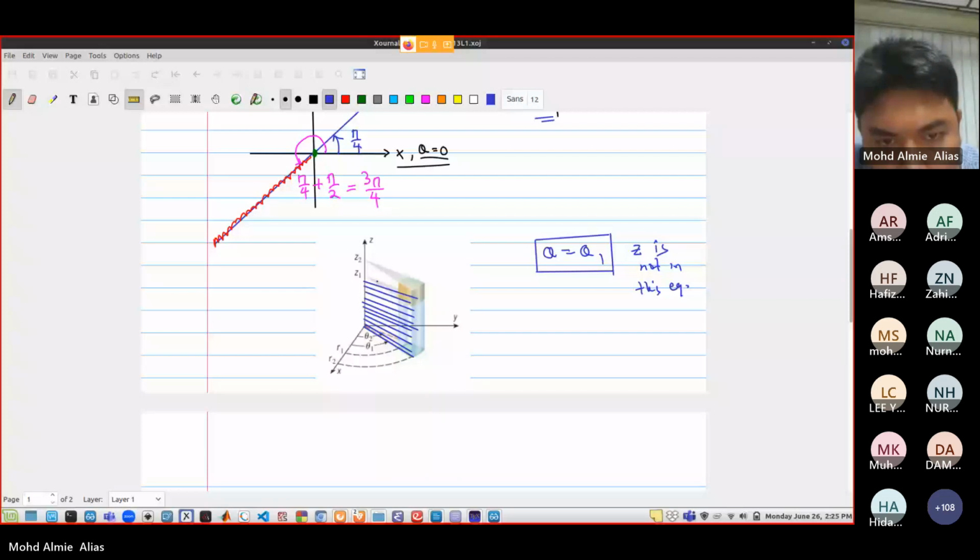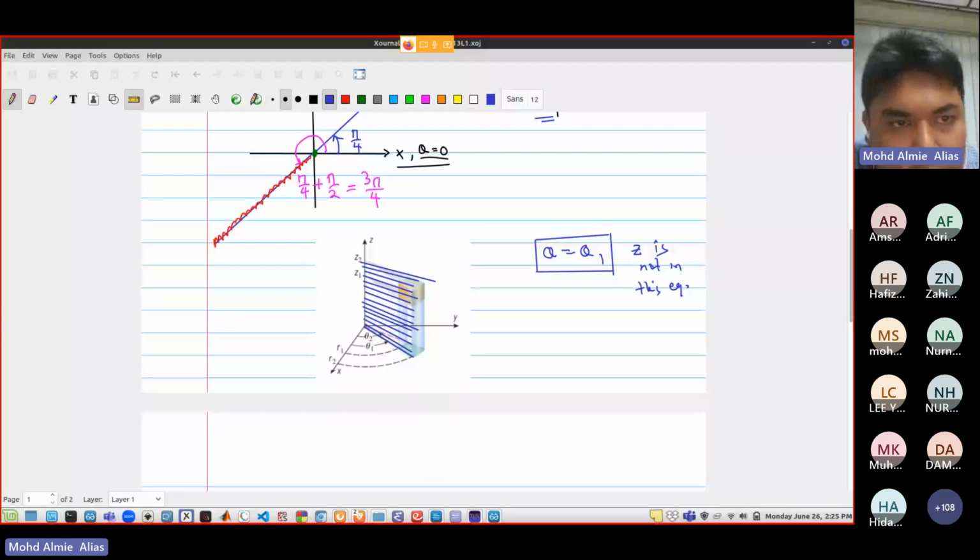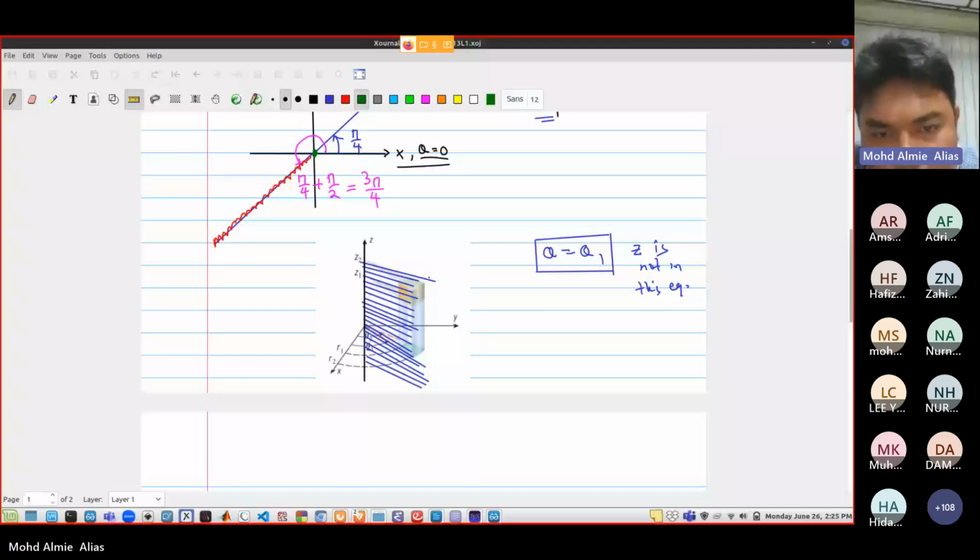This is also true when z is negative, let me extend this z-axis. You just don't care if z is positive or negative. Taking all this together, you get a plane, I mean, a half plane.